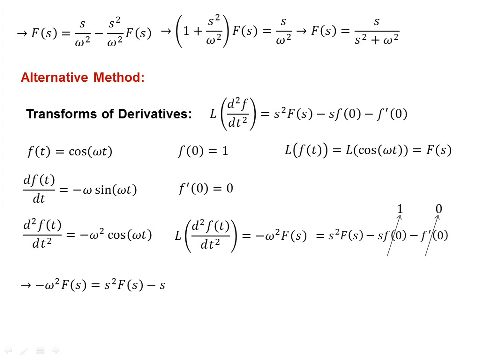If I bring F(s) to the left-hand side, I have (s squared plus omega squared) F(s) equal to s. Thus F(s) is equal to s over s squared plus omega squared, which is the end of the proof of this relation.